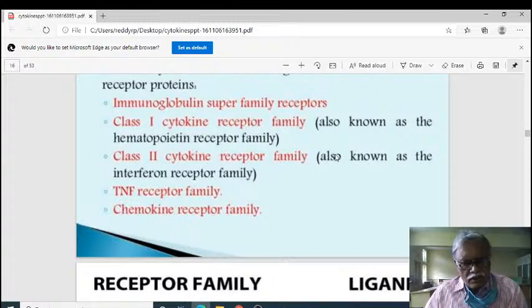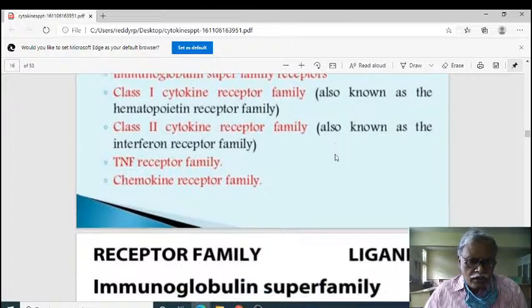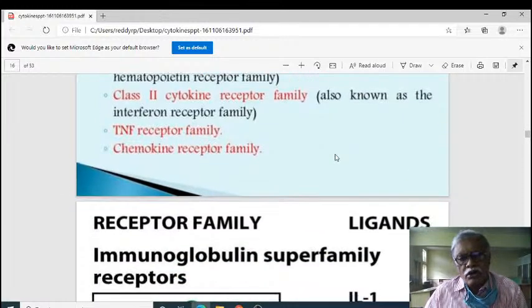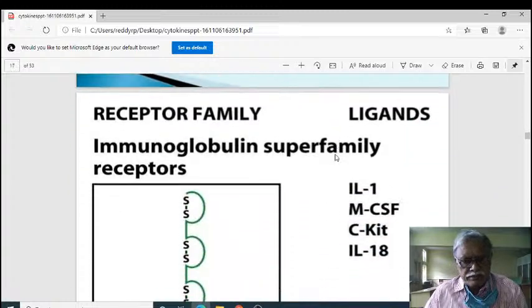Class 2 is cytokine receptor family, also known as the interferon receptor family, which includes alpha interferon, beta and gamma interferon. And you also have the chemokine receptor family.